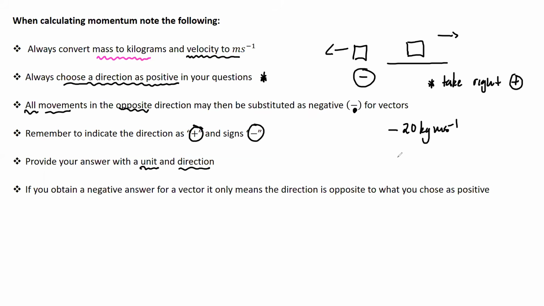It implies that this object has a momentum of 20 kilogram meters per second left. Remember, I said take right as positive. That means everything negative is actually to the left. So that's very important when dealing with calculations that have to do with momentum.